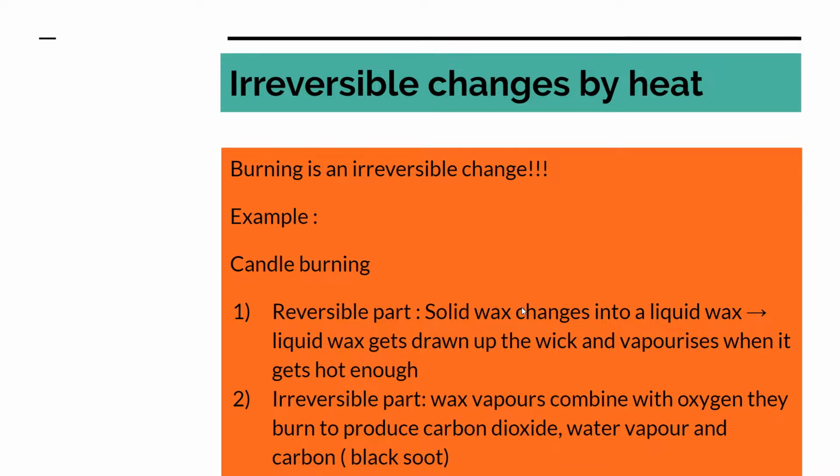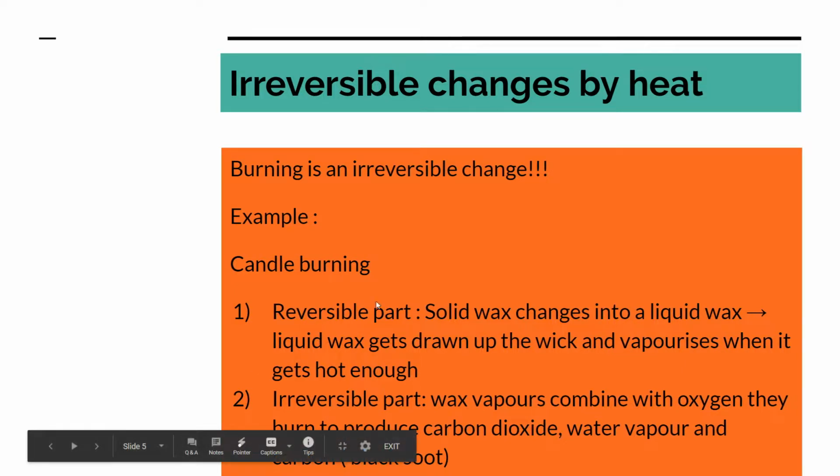This is the change of state. Then this liquid wax gets drawn up the wick. The wick is a thread-like thing in the candle, right? Now, due to more heat produced by the flame, that liquid wax is changed into wax vapors. This part where there is change of state is the reversible part.